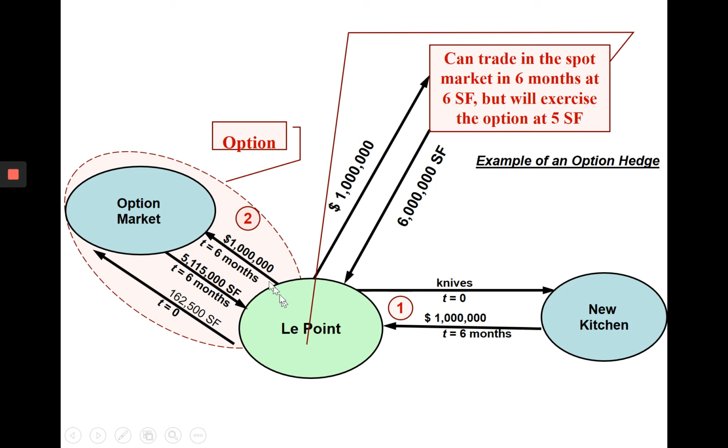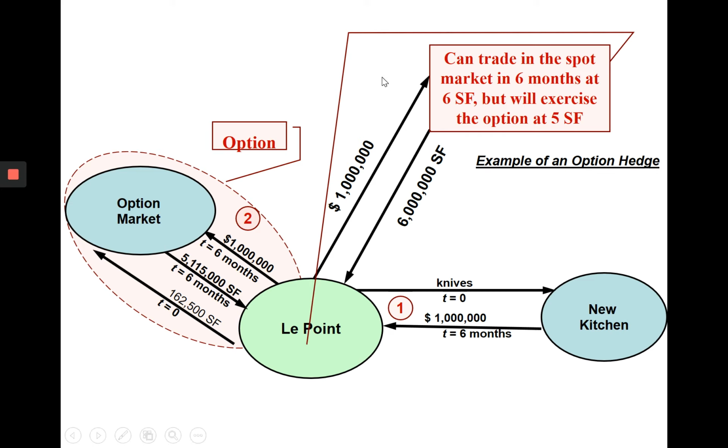But if we exercise our option, we give the option contracts that give us the right of getting 5.115 Swiss francs per dollar, together with $1,000,000 to the option market, and the option market pays us 5,115,000 Swiss francs. So we would have 115,000 gain compared to that rate of 5. In other words, we have a hedge that gives us 5,115,000.